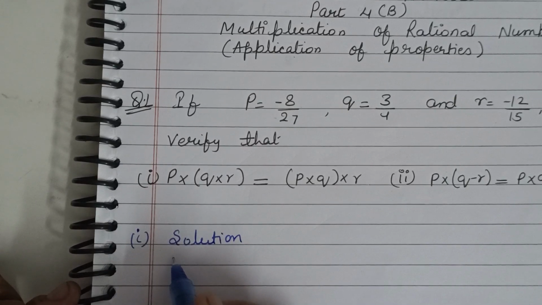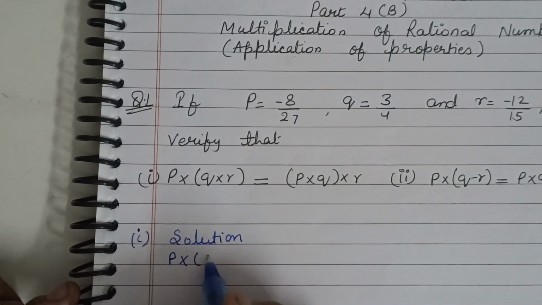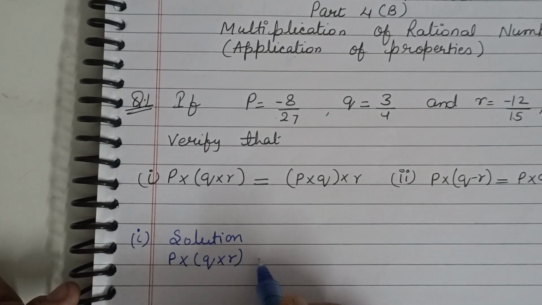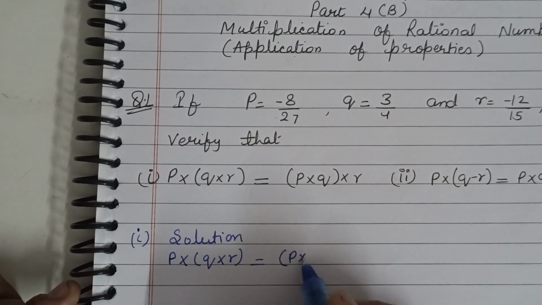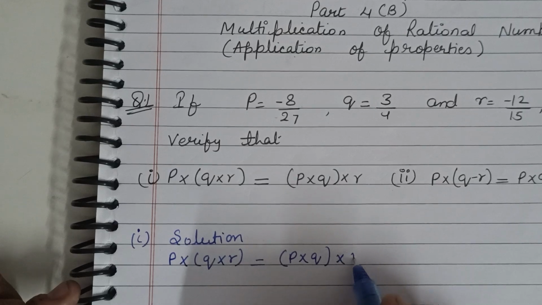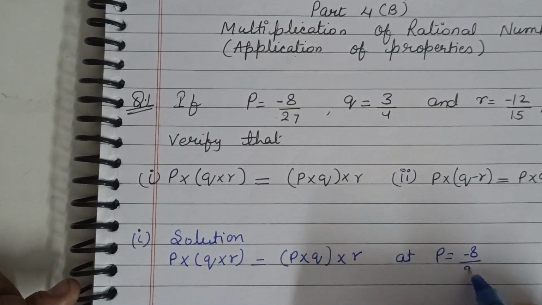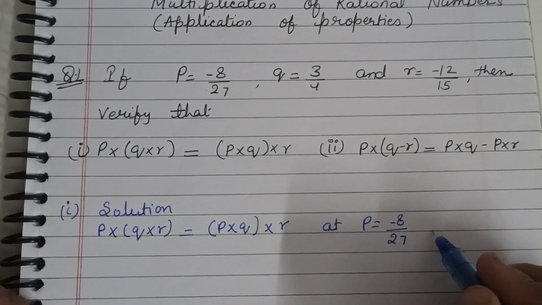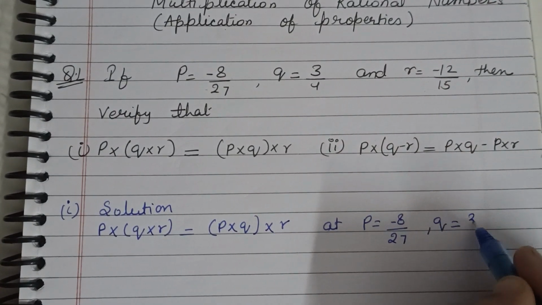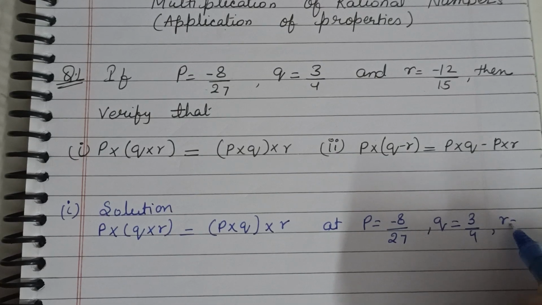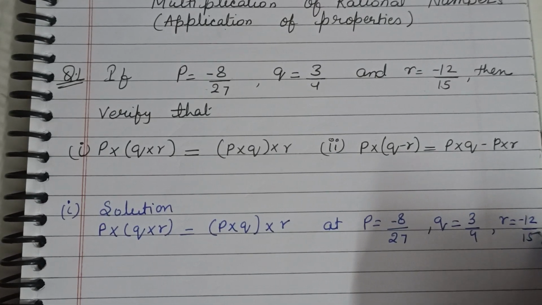What is required to prove: p multiplied by bracket q multiplied by r equals bracket p multiplied by q multiplied by r, at p equals minus 8 by 27, q equals 3 by 4, and r equals minus 12 by 15.